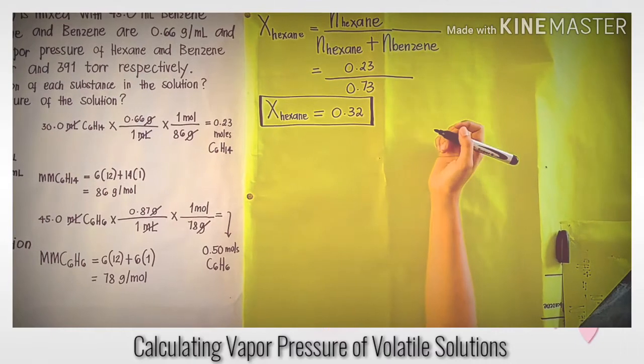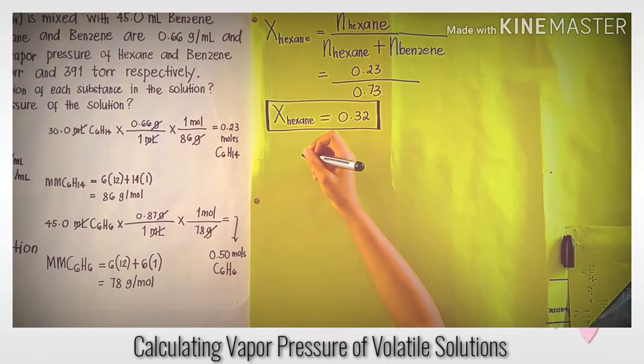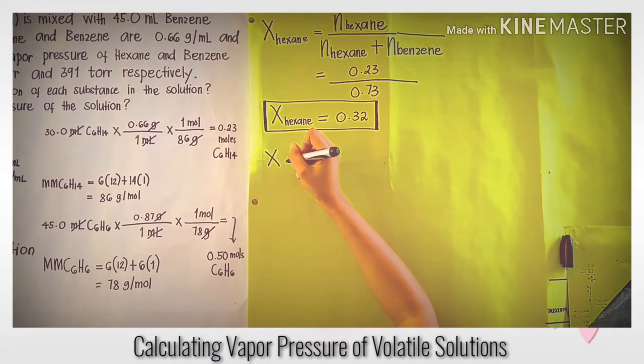So, let's proceed to the mole fraction of the other substance, which is benzene. Since there are only 2 substances in the solution and the total fraction is equal to 1, we can calculate using this formula.